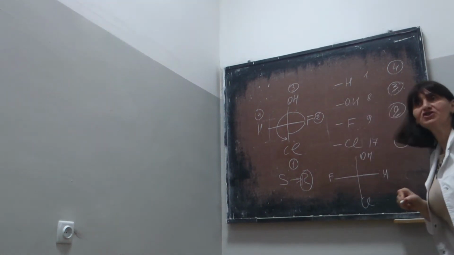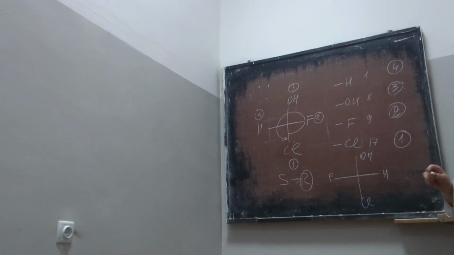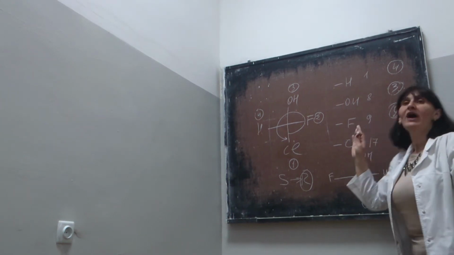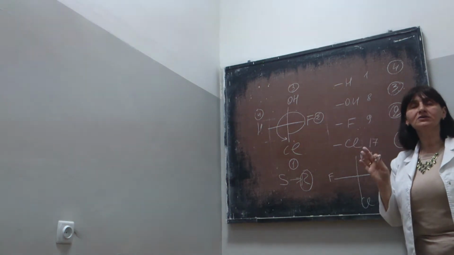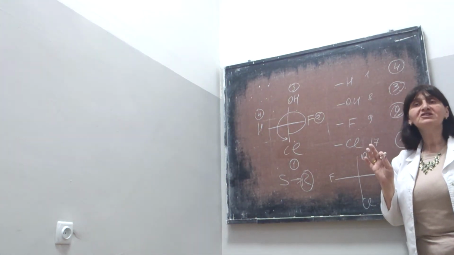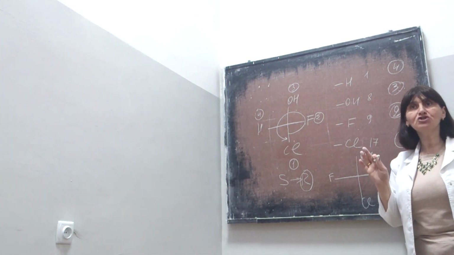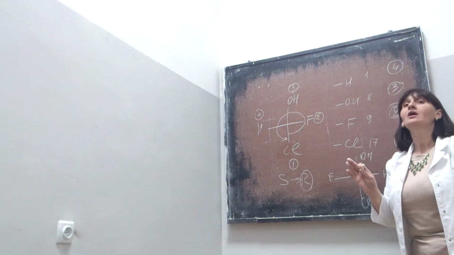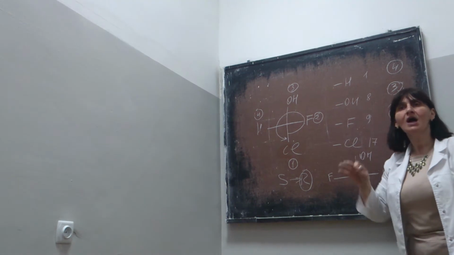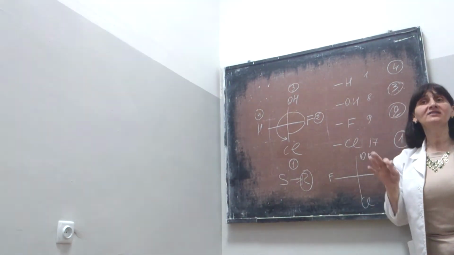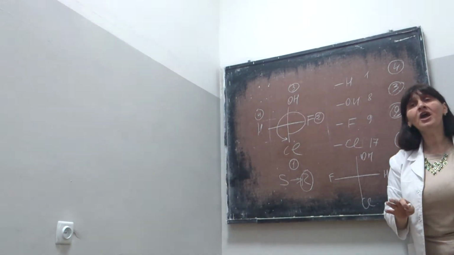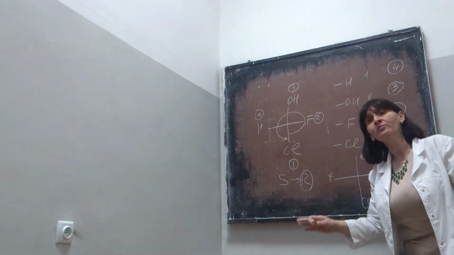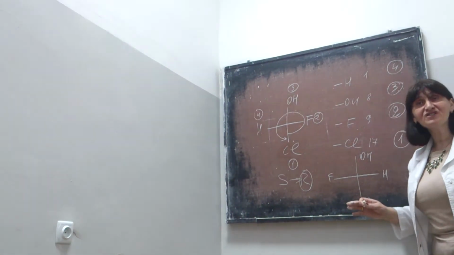Okay, if you have this version, once again you have to use the Cahn-Ingold-Prelog system for determination of the absolute configuration of your molecule. For this, first you have to deduce which one has higher priority and which has lower priority according to their atomic numbers, and please look at the first atom.